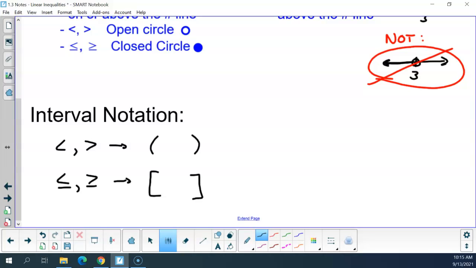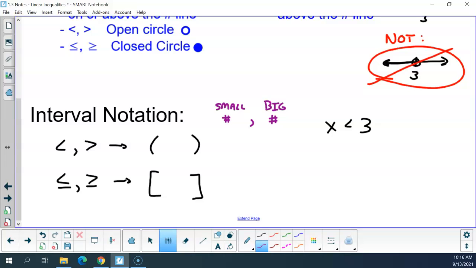So when we have the inequality x is less than 3, you're always going to have 2 numbers in it: the smaller number on the left, a comma, and then the bigger number on the right.